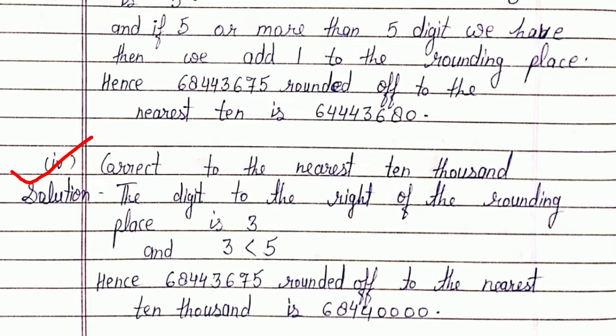Hence, the 3 is lesser than 5. We will not increase any number to the rounding place. Hence, 6 crore 84 lakh 43,675 rounded off to the nearest 10,000 is 6 crore 84 lakh 40,000 only.